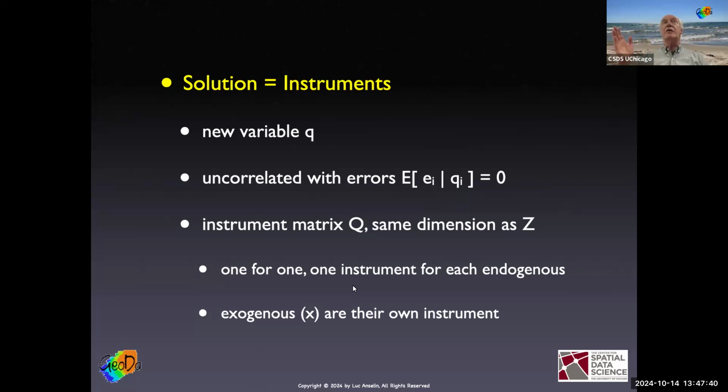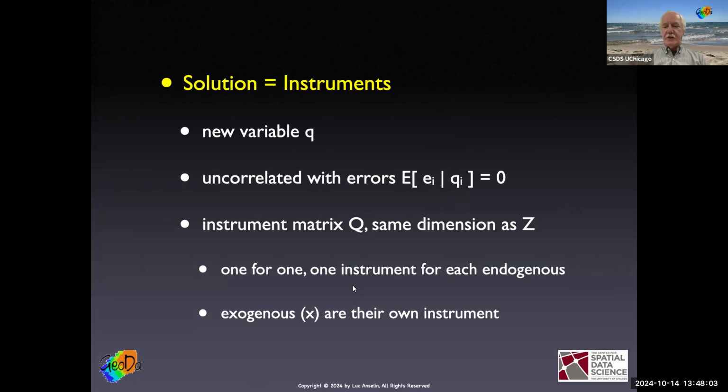But that doesn't mean that you have a good estimator in a sense of precision. And so that's where a lot of the discussion about instruments is about, especially in the spatial context. As we'll see later, there are a bunch of candidate instruments, but there are some that are optimal in the sense that they give you the smallest variance.